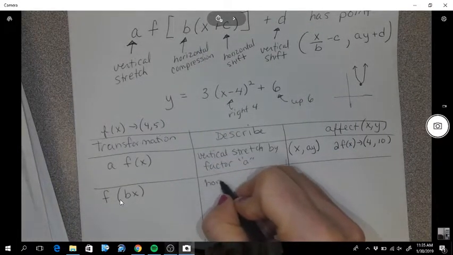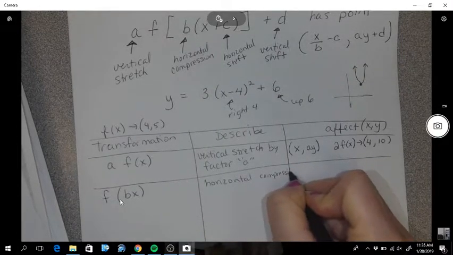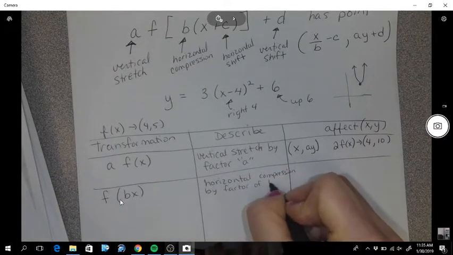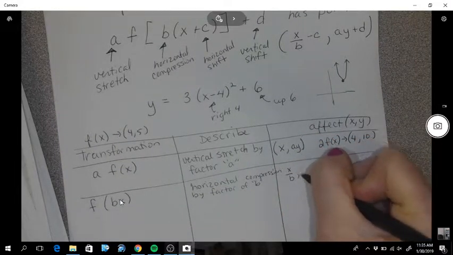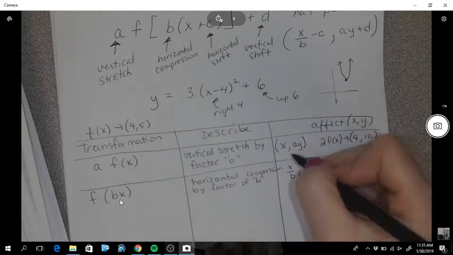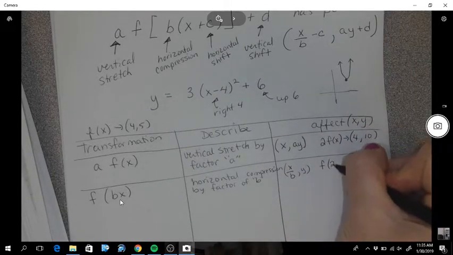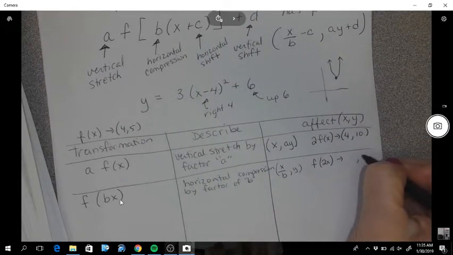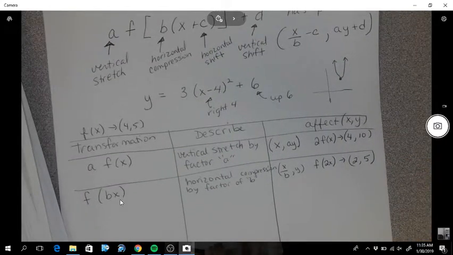So this is a horizontal compression by a factor of b. So how it affects is that it divides the x value. So let's say that I have f of 2x, it would now reach the height of 5 when x is 2 instead of 4. Okay, it squishes it in.